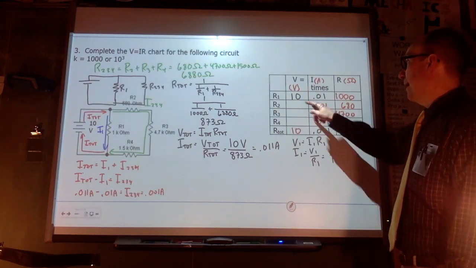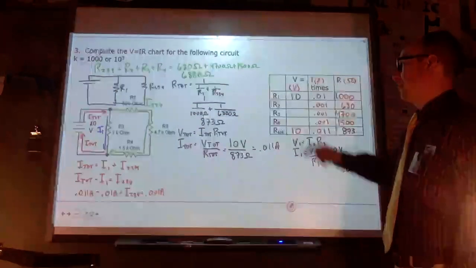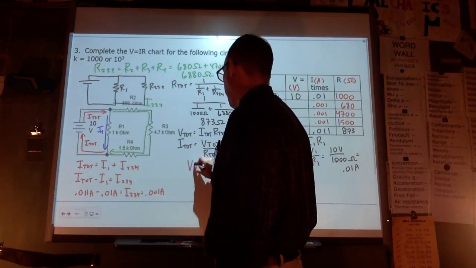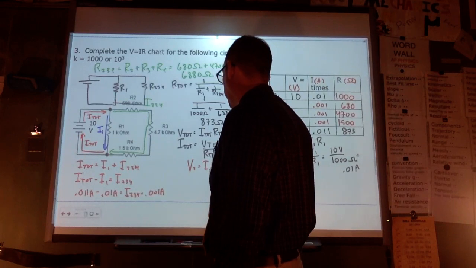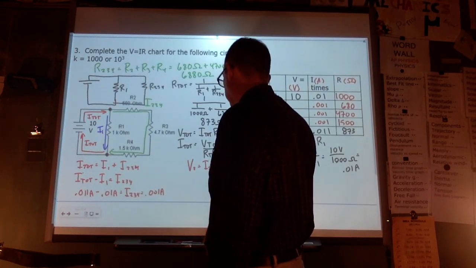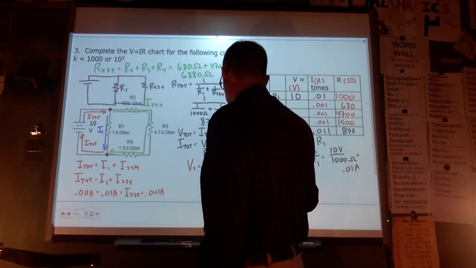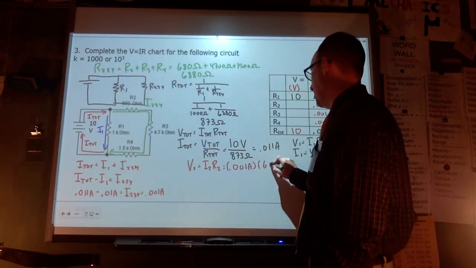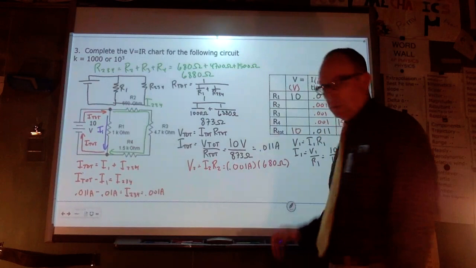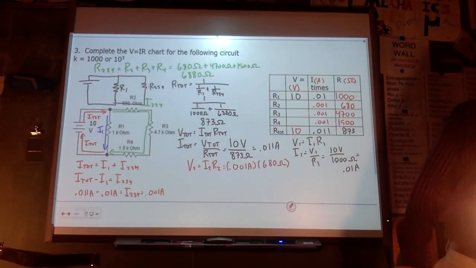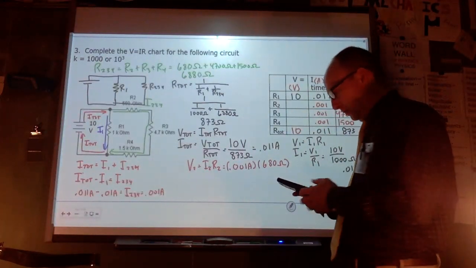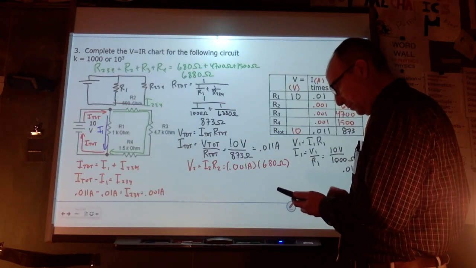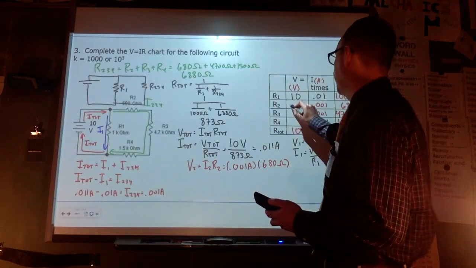All right, so now I can get what R2, R3, and R4 is. R2 voltage drop will be I2 times R2. So that's 0.001 amperes times 680 ohms. So that's 0.68.